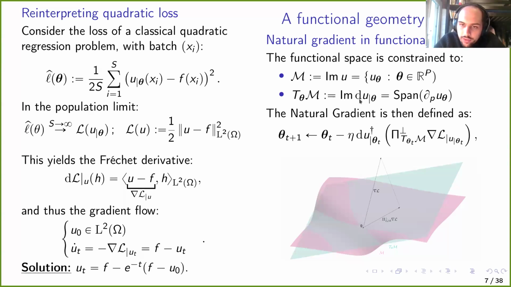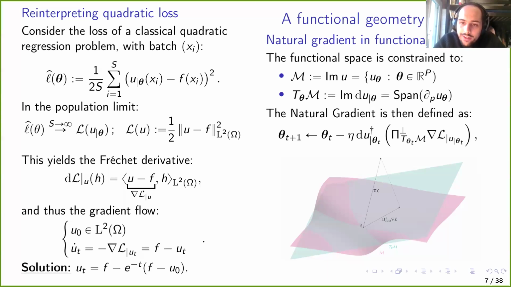And locally, at a given point theta, we can approximate the manifold by a linear space, which is the tangent space to the manifold. In the functional sense, this is the set of admissible directions we can take to move on our manifold.